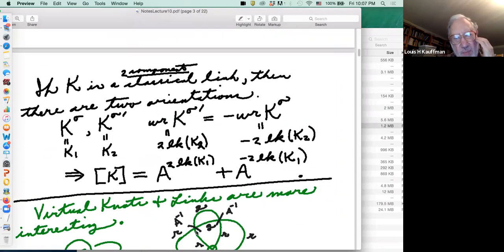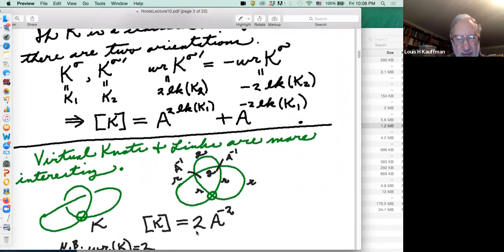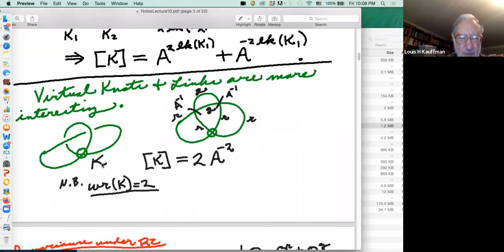But if you have a 2-component classical link, then you'll get some linking numbers out of this, and still not a huge amount of information. But if you have a virtual knot, then you find that when you do this alternate coloring, then you find smoothings which are at variance to the Seifert smoothings.